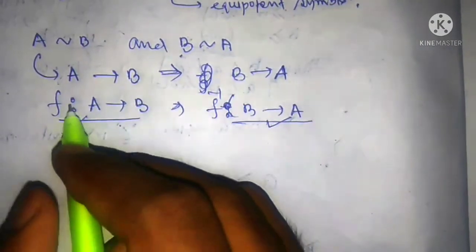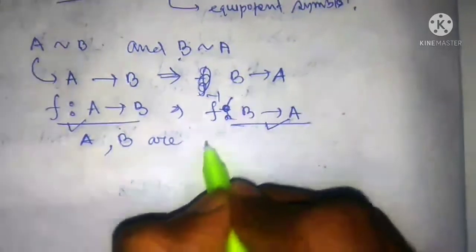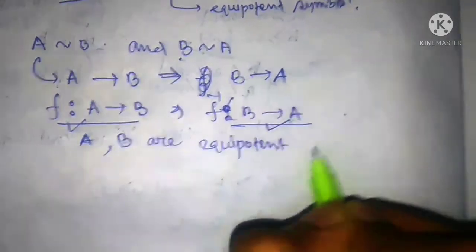So the two sets A, B are equipotent with each other.